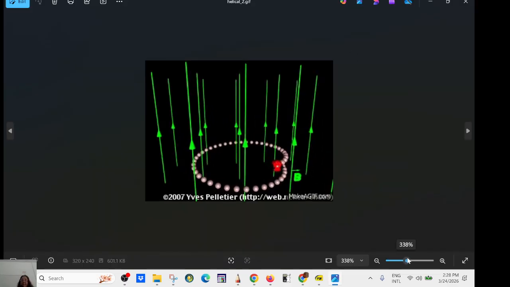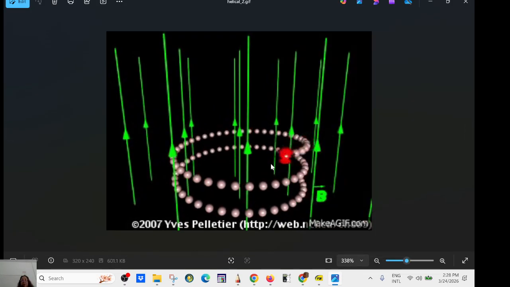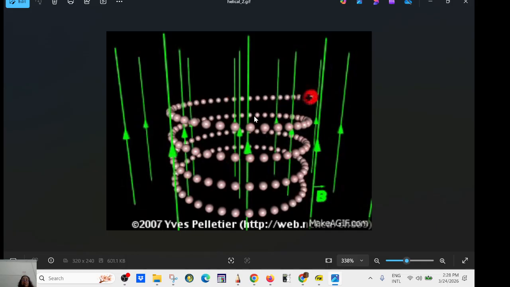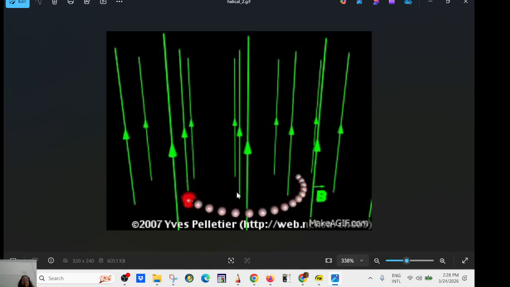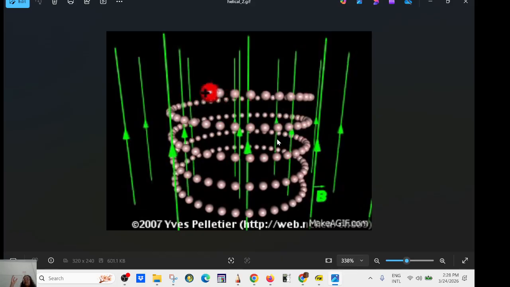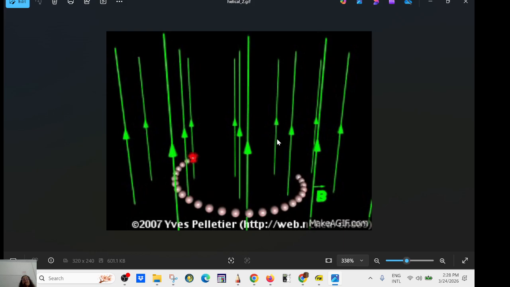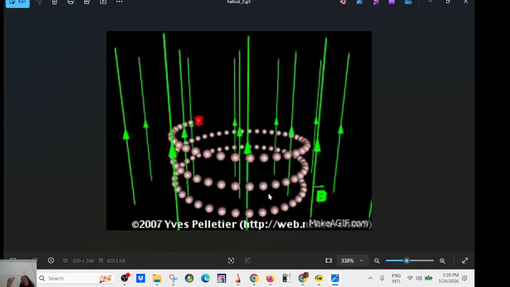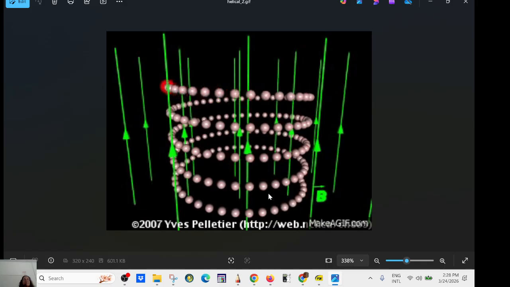So you send a particle inside the magnetic field. It has some velocity in this direction, some velocity perpendicular to the magnetic field, so it's going to circle around. As it circles, it's not going faster, but it has an acceleration because it's changing direction, so it's called centripetal acceleration.